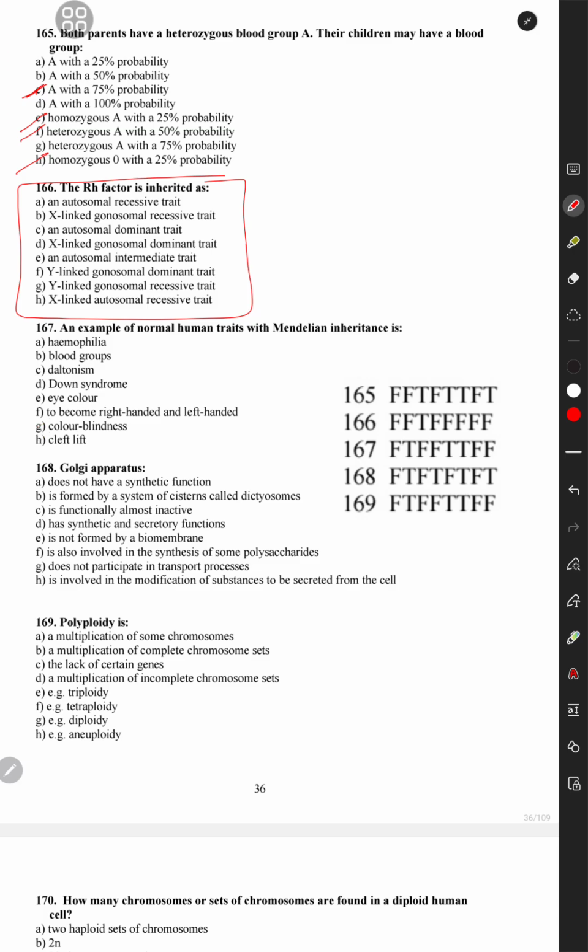Mendelian inheritance. क्या? False, true, true. Blood groups. Mendelian inheritance. What is this? Hemophilia. डाल्टनिज्म लिंक्ड है. डाउन सिंड्रोम का कोई मकसद नहीं है. आई कलर.